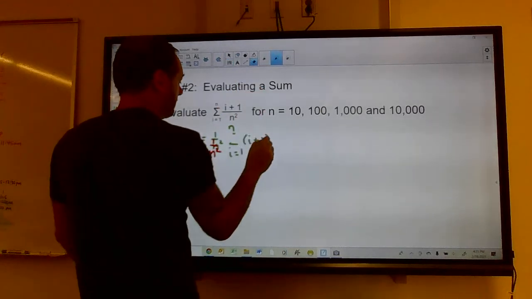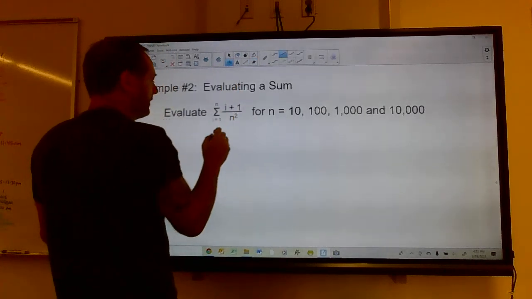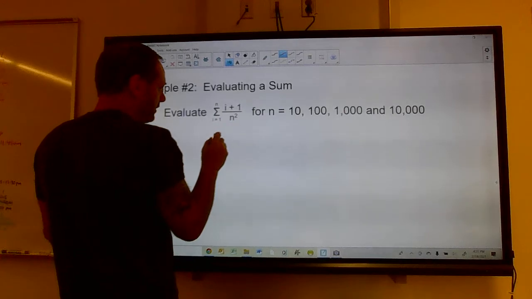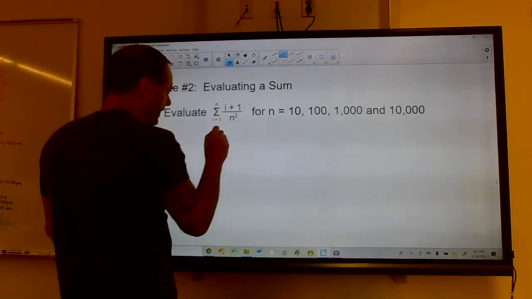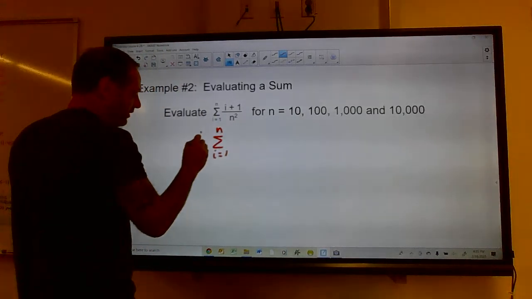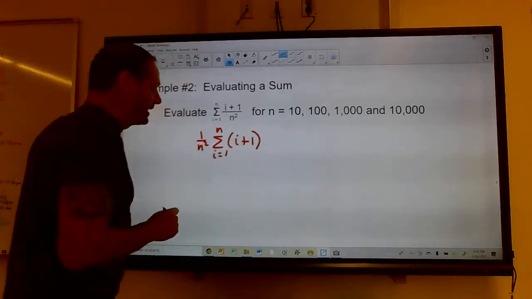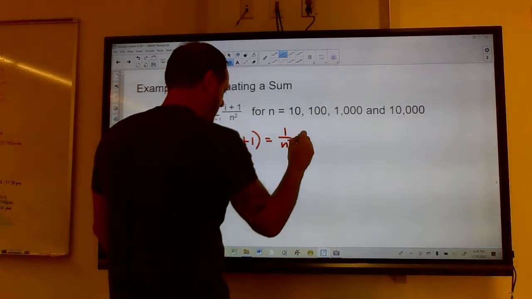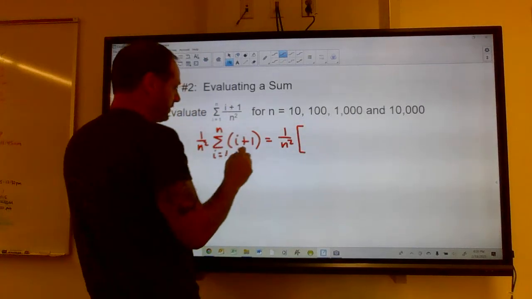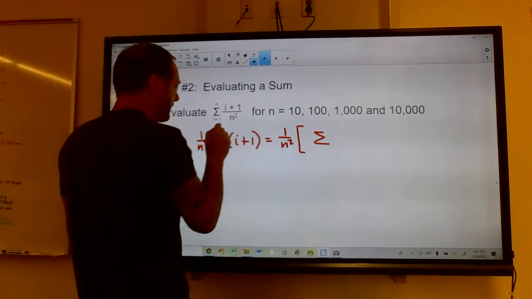Let's try this again. I can take the sum from i equals 1 to n, and I can factor out the 1 over n squared, and that just leaves me with i plus 1 like this, which I can break up into two different things. Oops, and this is to 10 because we said we were going to do it to 10.